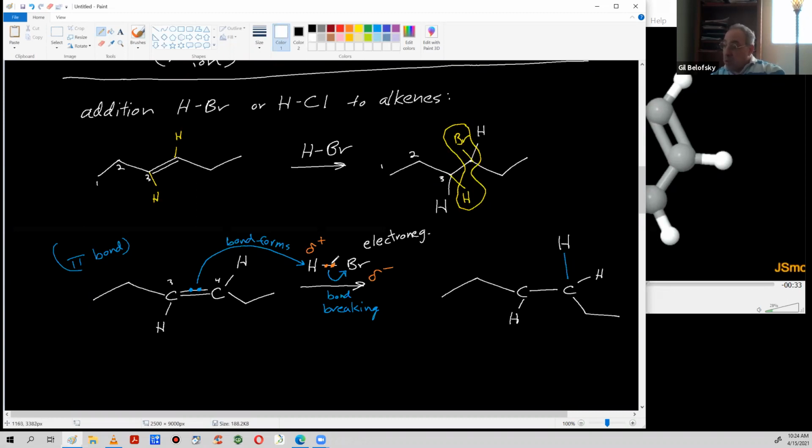And once these electrons over here go onto the bromine, you end up with a bromine that's negatively charged. Now it has extra electron density, while carbon 3 here has lost electrons. It had 4 bonds, now it only has 3, and a carbon with only 3 bonds and no extra electrons beyond that is a plus charge, or a carbocation.